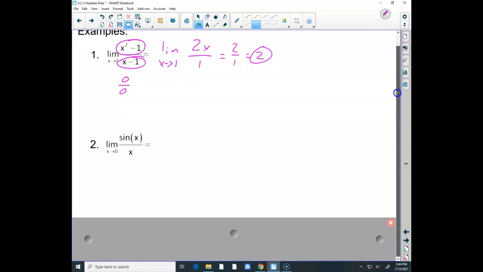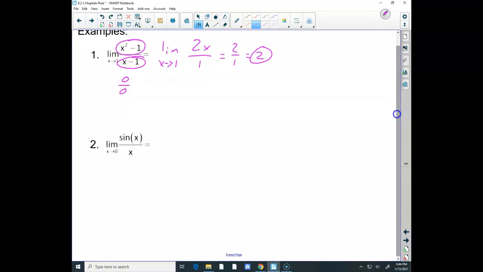Again, I did number 2 already, but if I plug it in, the sine of 0 is 0 over 0. This is an indeterminate form. This is special with limits. Remember, that means the limit exists. Please find it. There is a hole in my function.